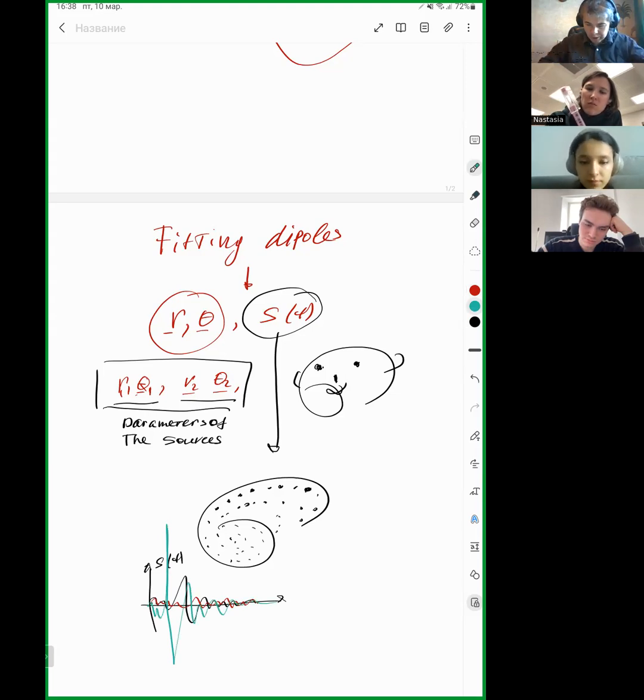That means you can measure the power, so you can sum the squares of this time series over the time interval, the sum of s sub i of t squared.